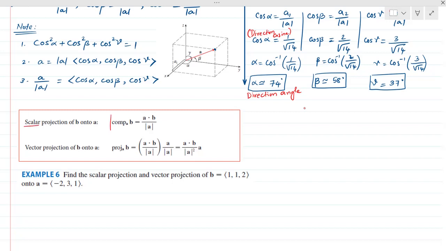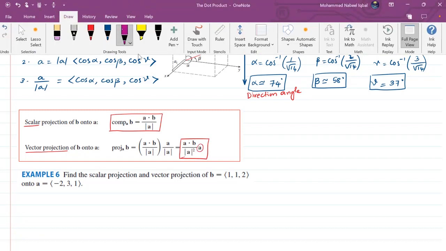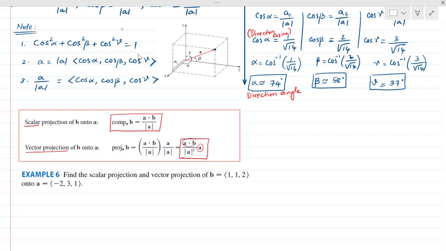Here we will use the scalar projection. This is the formula we have here: the dot product over the length of A. And the vector projection of B on A is A dot B over the length of A, or you can write it with this formula, the length of A squared and the vector A. If you take a dot product, you will get a scalar.